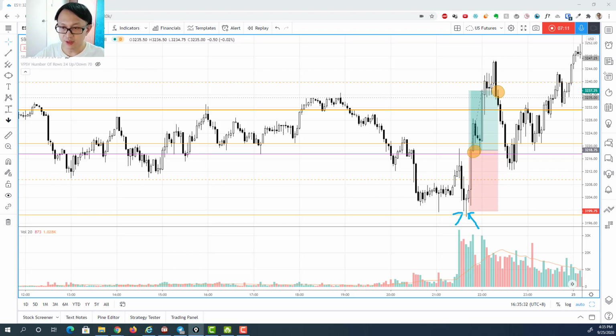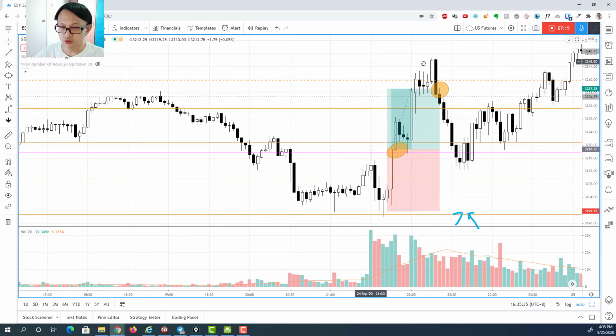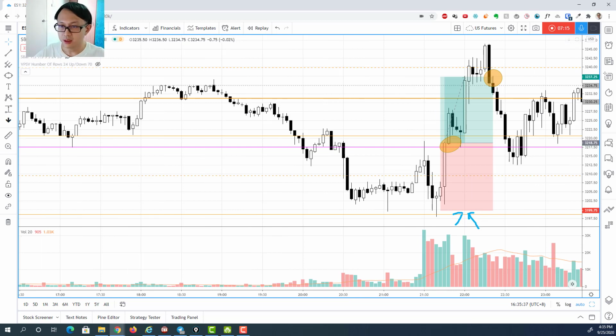And if we take a closer look, let me zoom in a little bit here. Okay, let's pay attention to these two bars. I want to take a closer look at this bearish bar together with the nice hammer. You can see that the volume for these two bars is very similar, so you can just take it as the same volume.